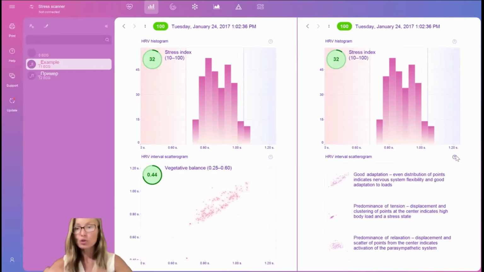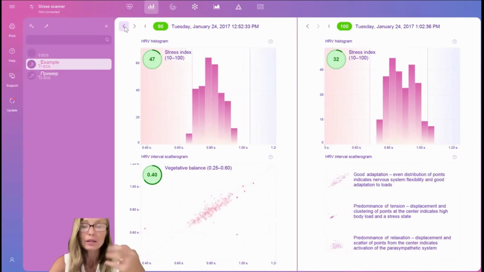The more points concentrated in one range, the more uniformly the nervous system operates. That is, either solely for mobilization or solely for relaxation. For this, we always have tips that we can refer to. We can also look at before and after any intervention: health-related, sports-related, medications, devices, and so on.